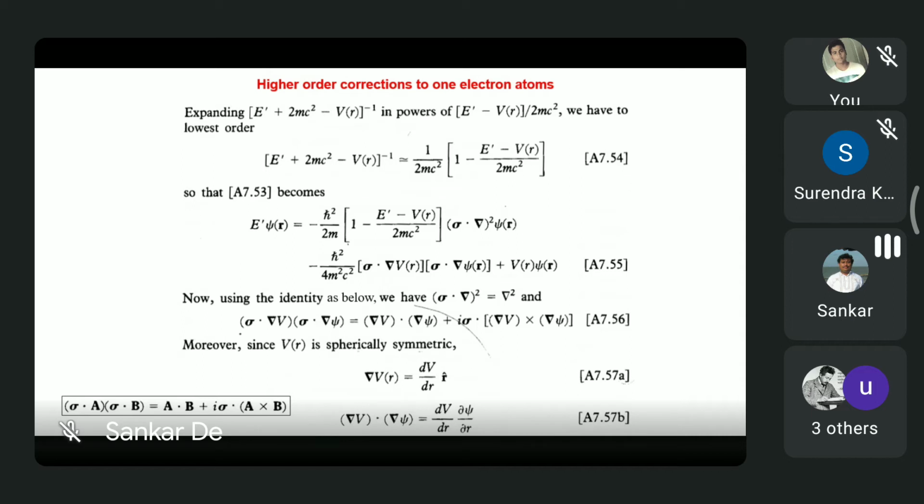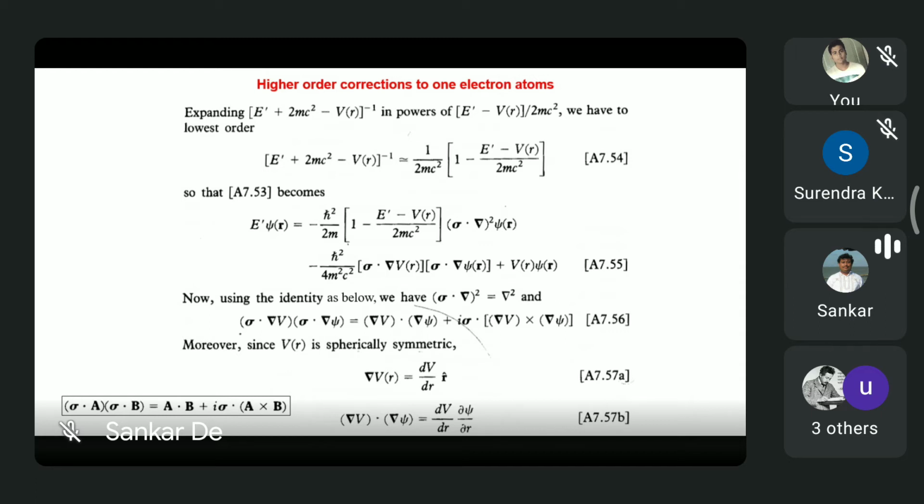And then, using this identity that we defined earlier, we got sigma dot grad square to be grad square, and the second term we got as sigma dot grad v into sigma dot grad psi is equal to grad v dot grad psi, and then the rest of the terms.